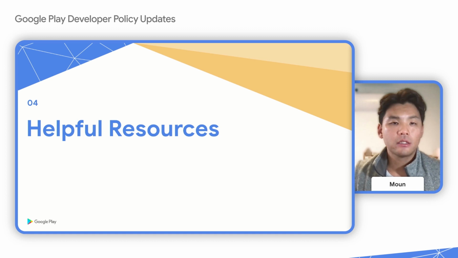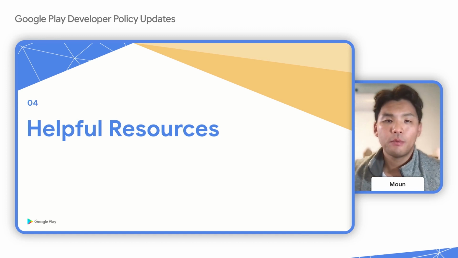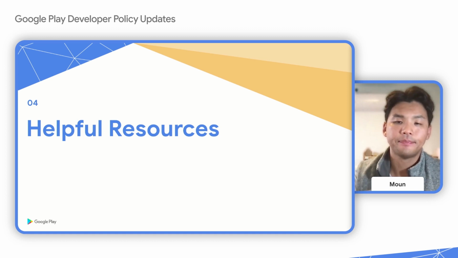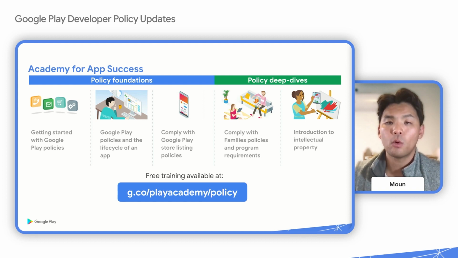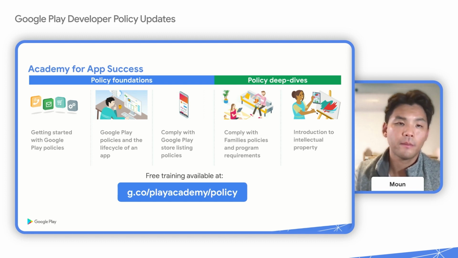All right, and here are some helpful resources to help you build compliant apps. First of all, please take advantage of our free training at g.co/playacademy/policy for more information on policy foundations and deep dives.